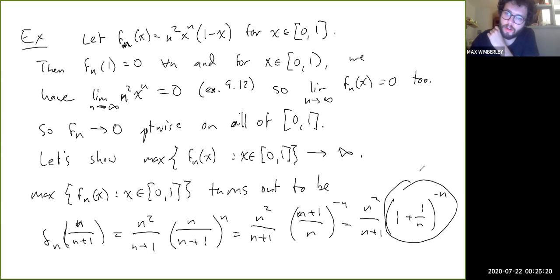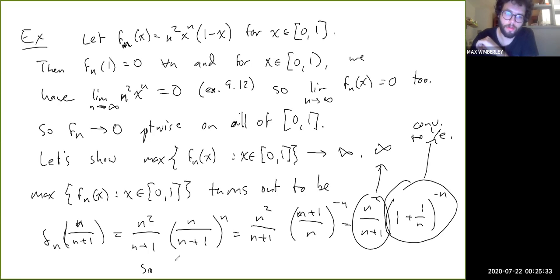Now this here converges to 1 over e, which is some constant. This, on the other hand, converges to infinity. So fn of n over n plus 1 converges to infinity.